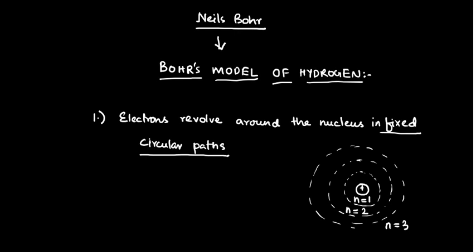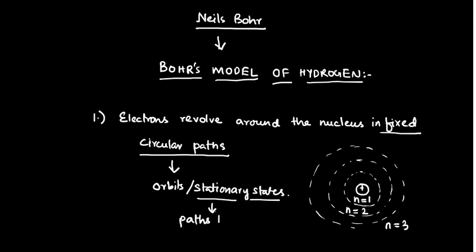So these fixed circular paths were termed as orbits or stationary states. Okay. And what is the meaning of this very term, stationary states? Stationary means one that is not going to change, right? So stationary states means paths having constant energy and radius.